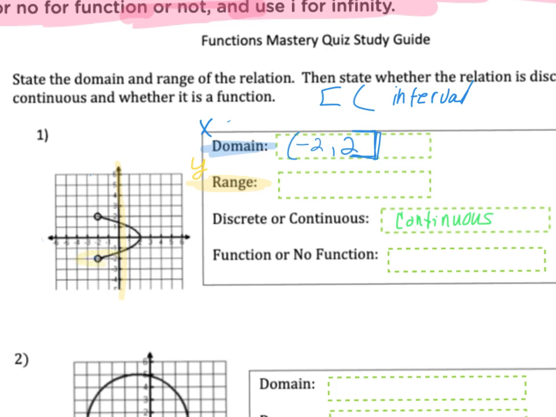So the bottom of the graph is right here at -2. That's the low point. The top of the graph is up here at +2. We know we're doing interval notation, so we know that it's going to go from -2 to +2.